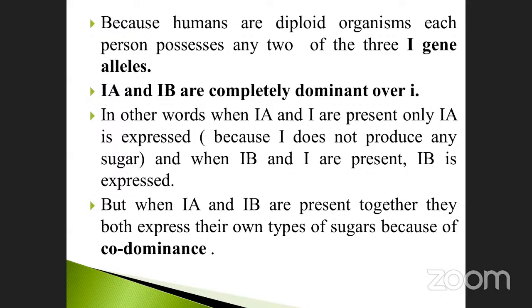IA is dominant, IB is also dominant, sir. Okay, good, super. IA and IB are separately dominant, and IA and IB together are co-dominant. Suppose small i is there, what is that? Negative, otherwise called recessive. Don't forget.